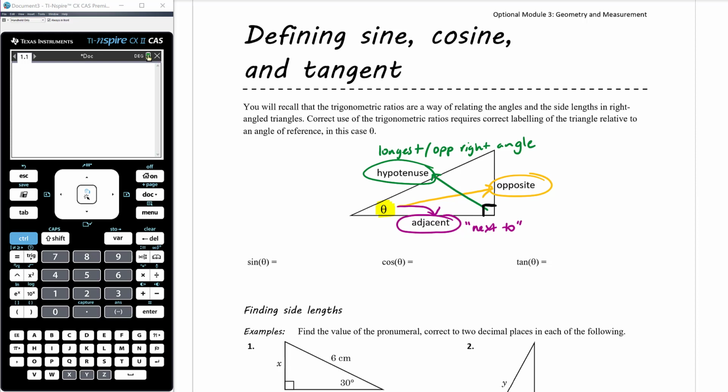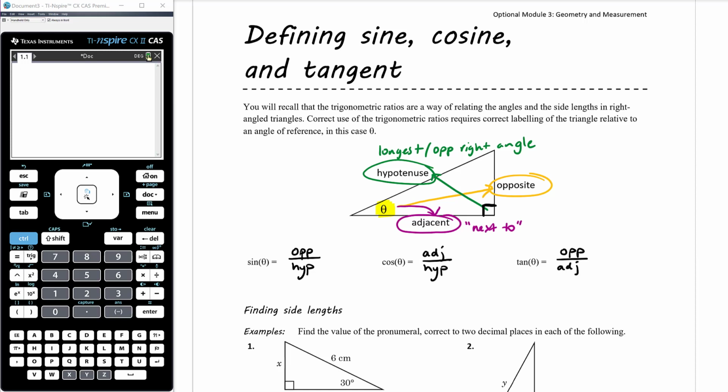Okay, so sine of the angle is equal to the opposite side length divided by the hypotenuse. Okay. Cosine of the angle is equal to the adjacent side length divided by the hypotenuse. And tan of the angle is equal to the opposite side length divided by the adjacent side length. Okay.